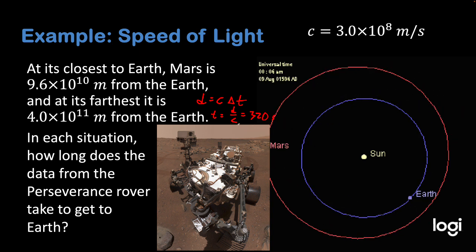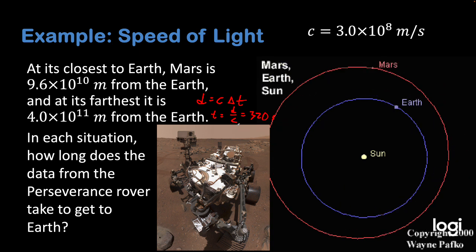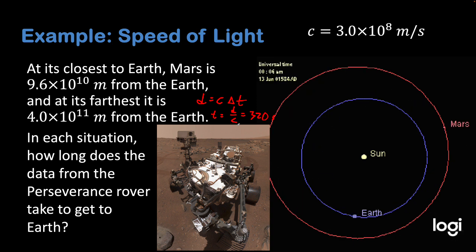So it takes 320 seconds just to send a signal one way. So that's 5.3 minutes, or 5 minutes and 18 seconds or so, to send a signal from Earth to Mars when they're at their closest.